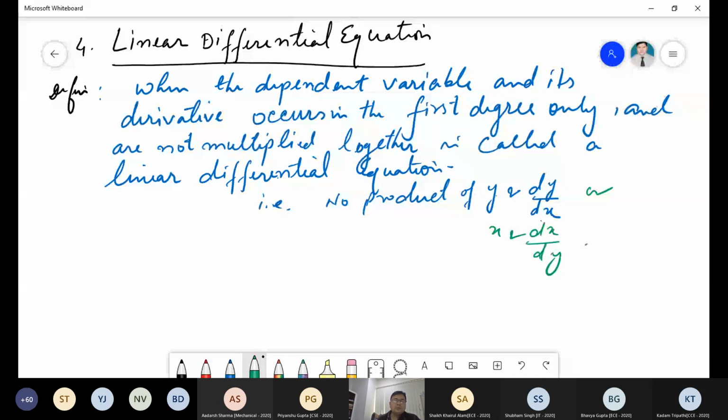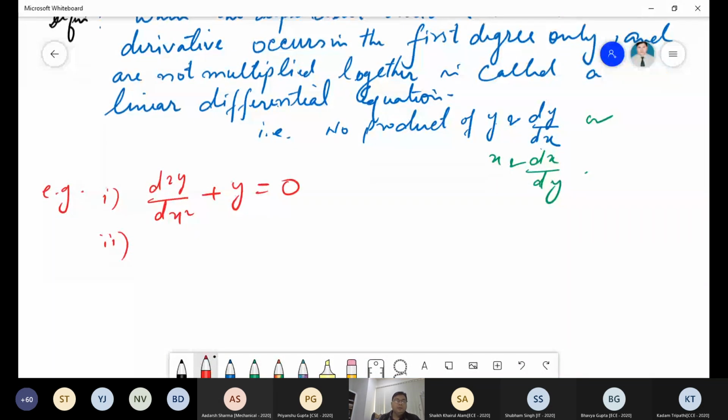So I am writing some differential equations. Just tell me which is linear. First: d square y upon dx square plus y equal to 0. Second: dy by dx plus y by x equal to y square into log of x.